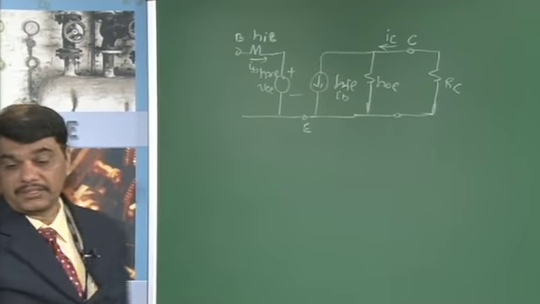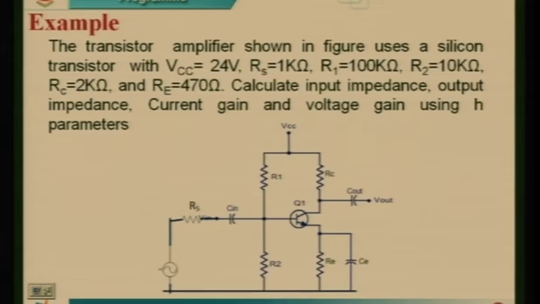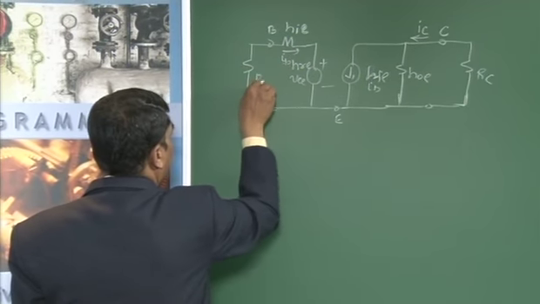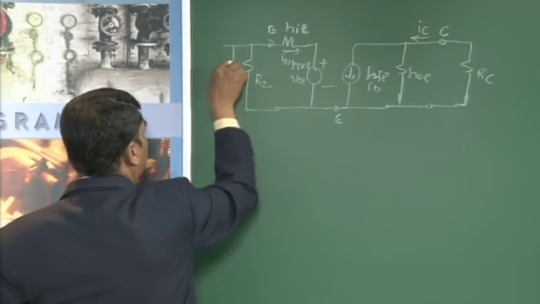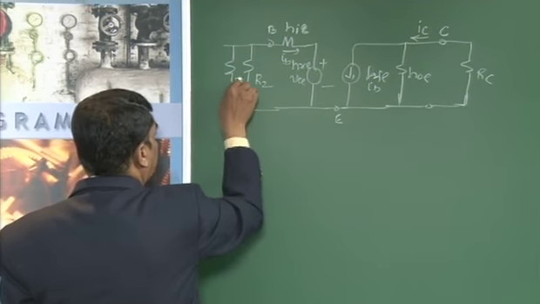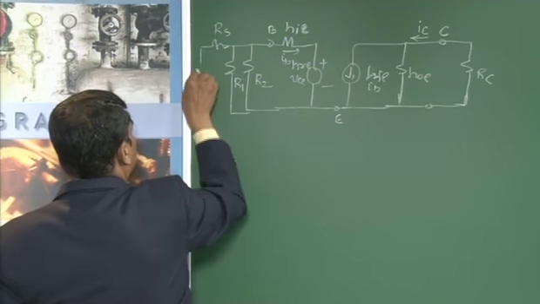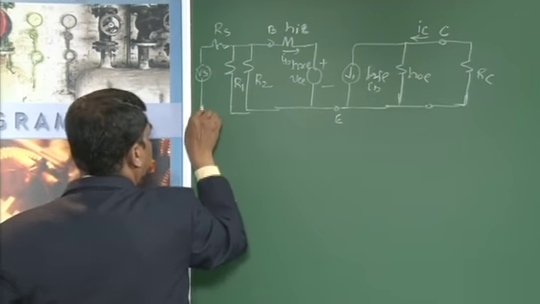Similarly, you have to transfer the resistances R1, R2 and RS into the circuit. When VCC is set equal to 0, the base resistance R2 is connected to the emitter, R1 is also connected to the emitter in parallel, and then there is a series resistance RS followed by Vs.